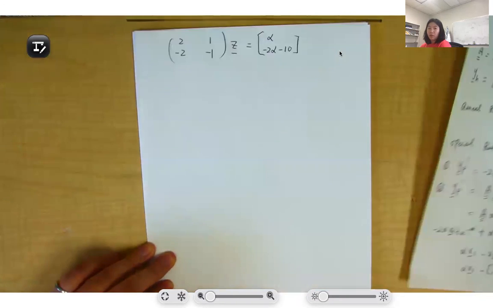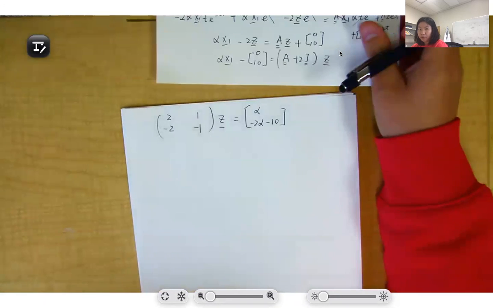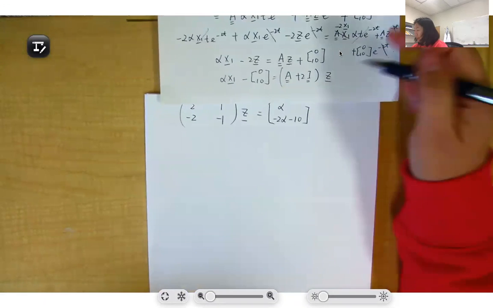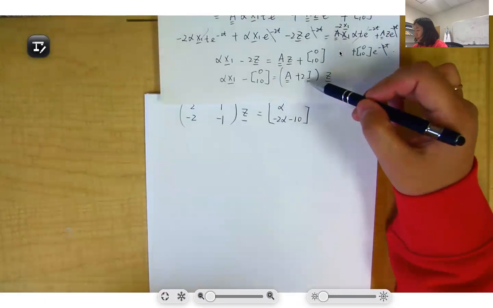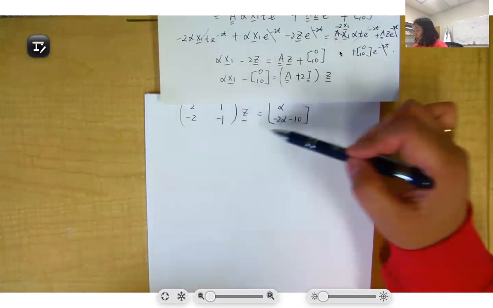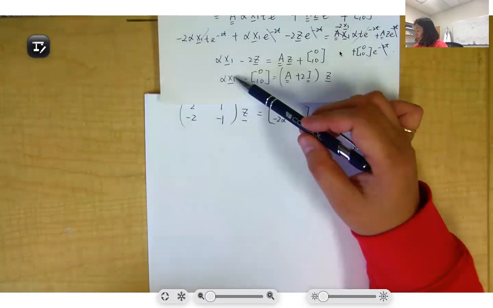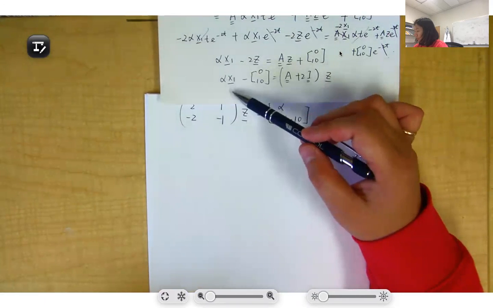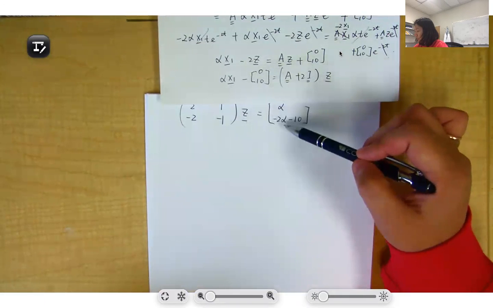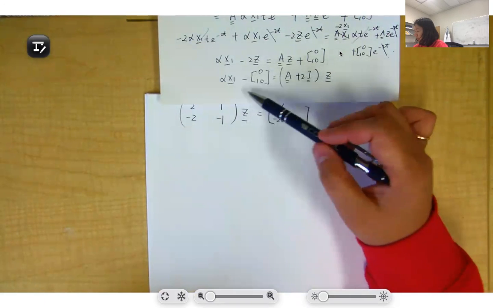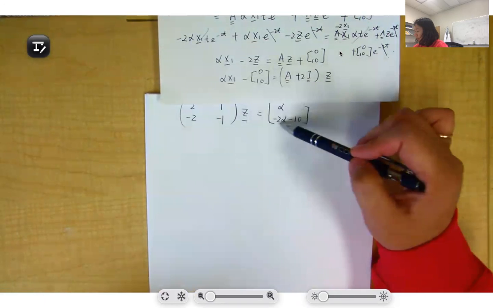Just remind yourself that this A plus 2I matrix times z will be equal to alpha x1, where x1 is 1, -2. So 1, -2 times alpha minus 0, 10, that will be alpha, -2 alpha minus 10.